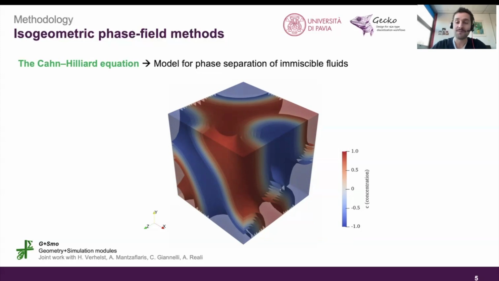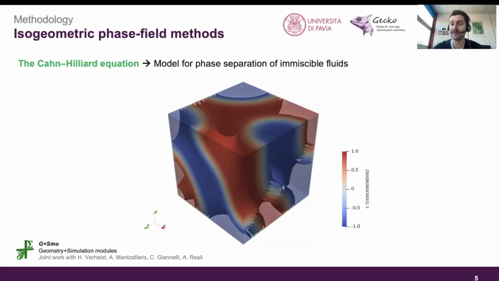Gizmo is a C++ library with a big focus on isogeometric analysis. As you can see here, we see two clear equilibrium phases in red and blue, separated by the interfaces, in this case represented by contour surfaces because it was easier to visualize.